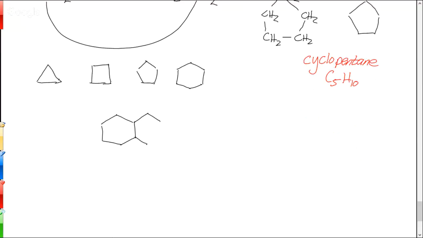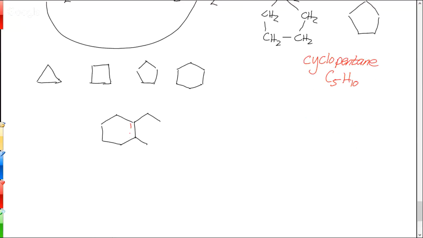You can't count out the longest chain like 1, 2, 3, 4, 5, 6, 7, 8, 9 as we could over here, because you'd just keep going around in a circle. We have to recognize the cyclo structure first. That becomes the main part of the name, and then we number around it.